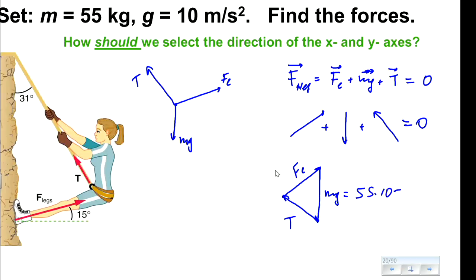5 times 10, 550 newtons. What else do we know in this triangle? Angles. Be careful which angle is which.